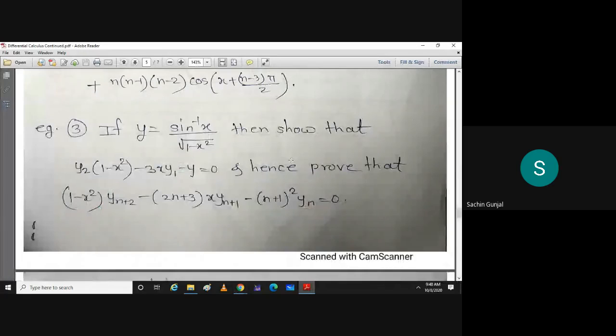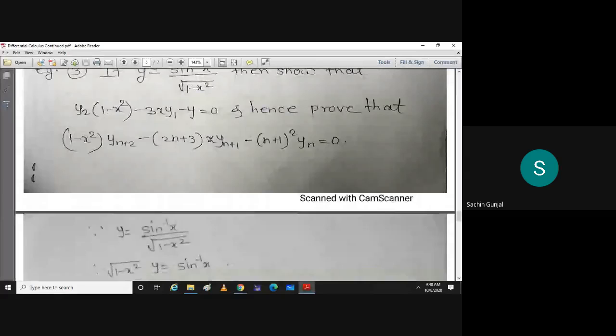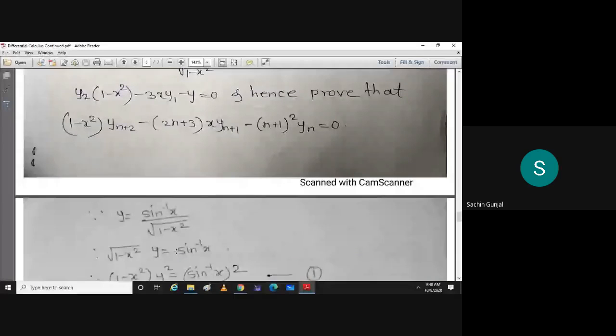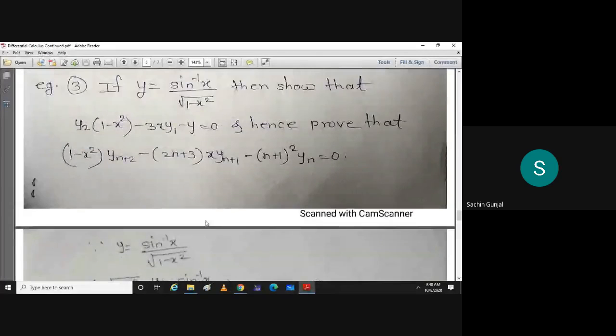So first of all I'll transfer this square root to the right hand side. That's my first step, because I don't want to apply the quotient rule. Keep in mind, whenever you have a rational function p by q, you transfer the denominator to the left hand side.